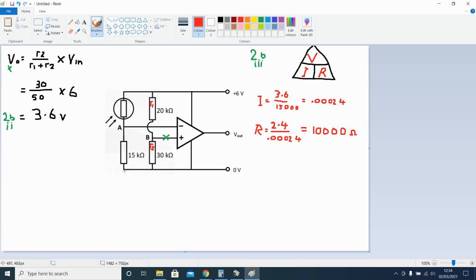So we got a voltage drop across this resistor of 3.6 volts, and we know the resistance, which is 15 kilo ohms or 1500 ohms.